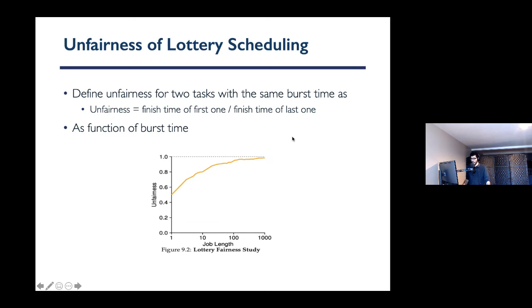Another question came up. In lottery scheduling, do we assume all tasks would have the same burst time for ideal performance? Let's not make any assumptions. So you know how lottery scheduling works.